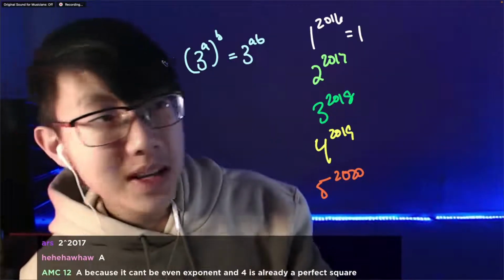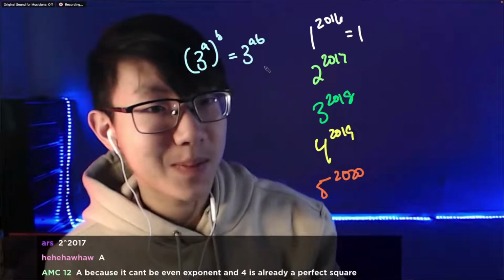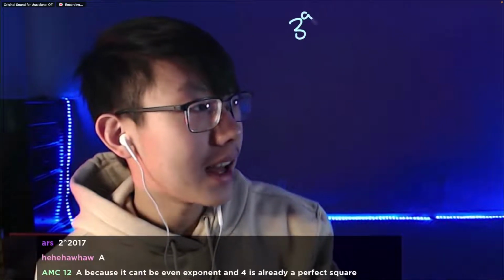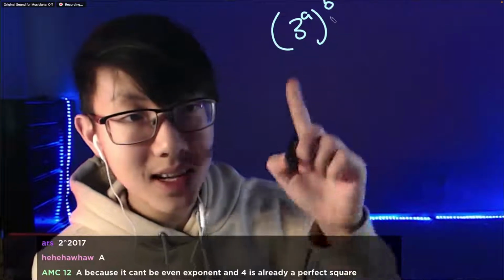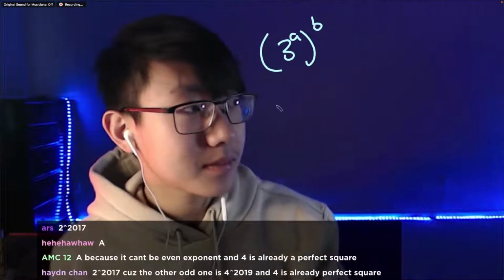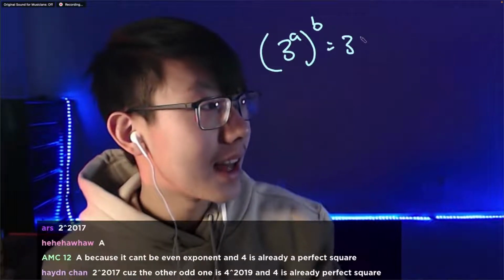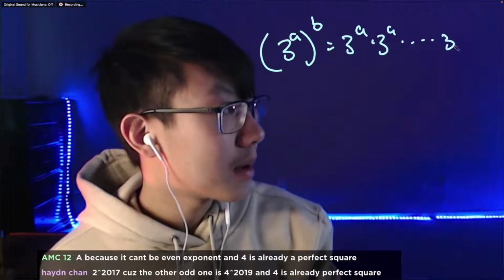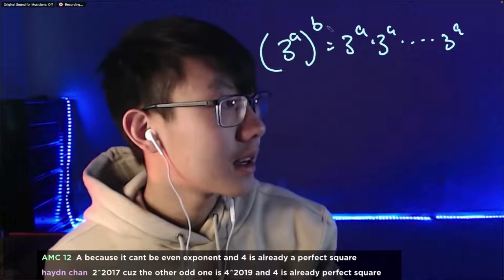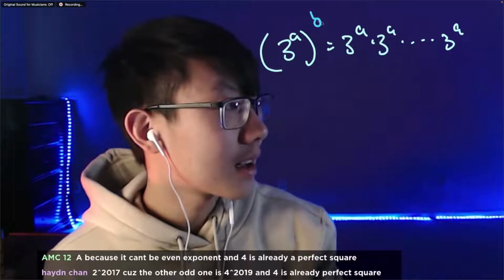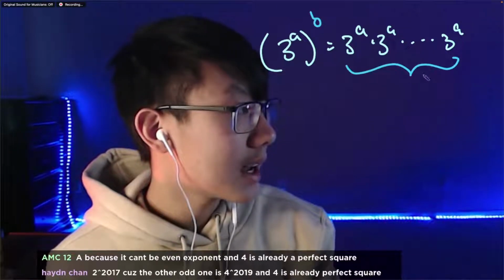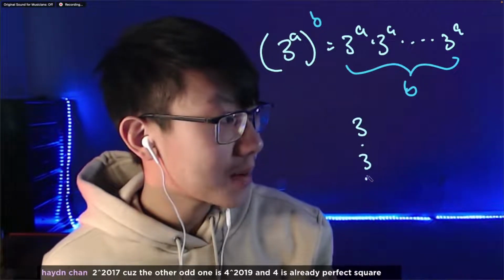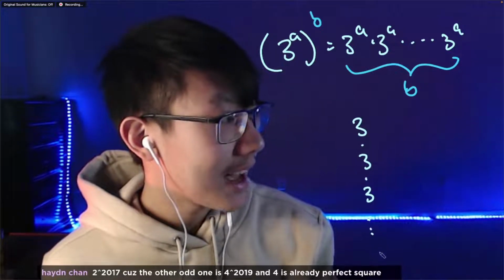Why is that? Well, I'm going to go off to the side a little. Imagine I had 3 to the a, then to the b. This is saying multiply 3 to the a times 3 to the a, and so on. How many times? b times. Actually, I'm going to color code this differently. So I want to do this b times. Well, 3 to the a already says multiply by 3 a times.